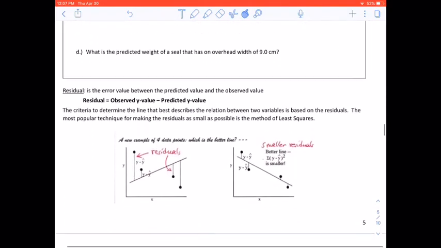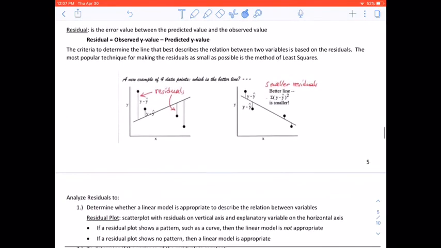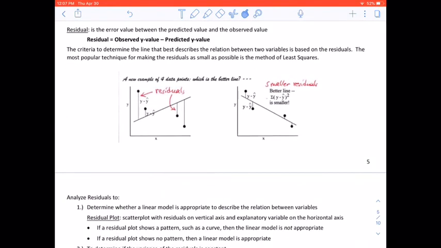And then we talk about residual. Residual is the error value between the predicted value and the observed value. So residual is observed y value minus predicted y value, and the criteria for determining the line that best describes the relationship between the two variables is based on residuals. The most popular technique for making the residuals as small as possible is called the method of least squares.